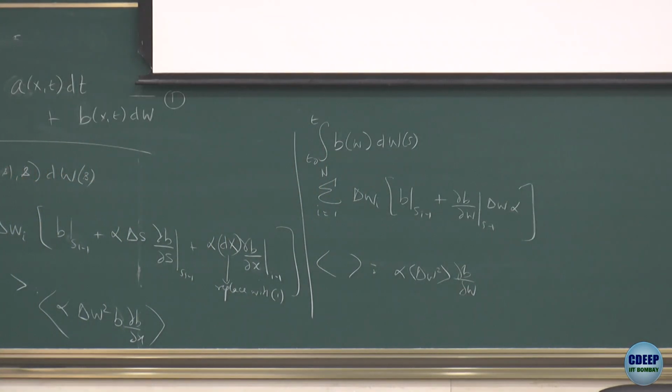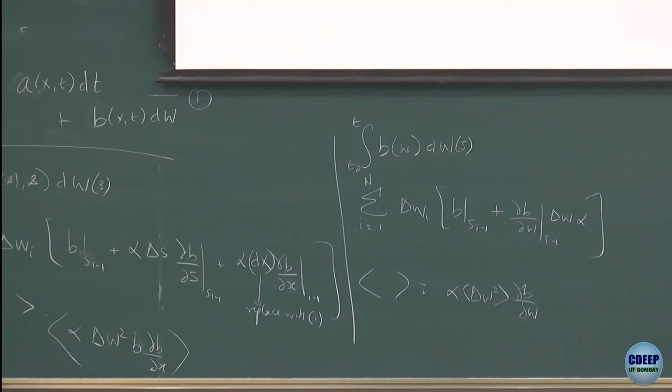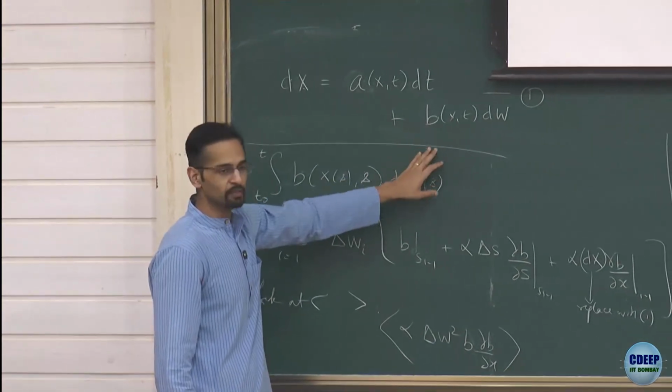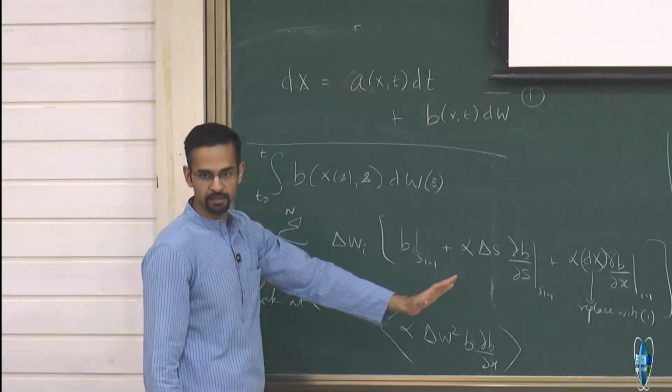So the point is that you cannot escape this issue of where the integrand function is being evaluated, provided that the integrand function has some dependence on the stochastic process.